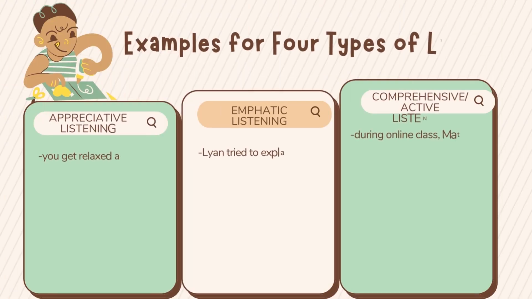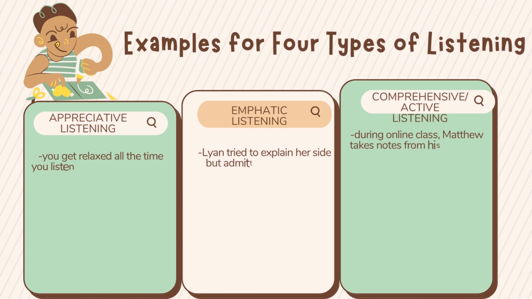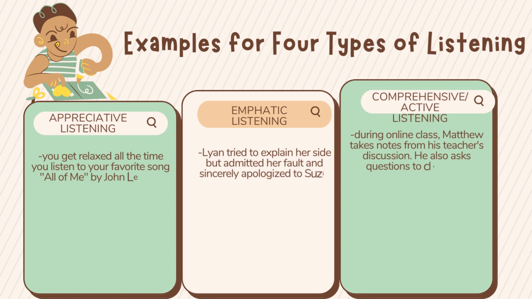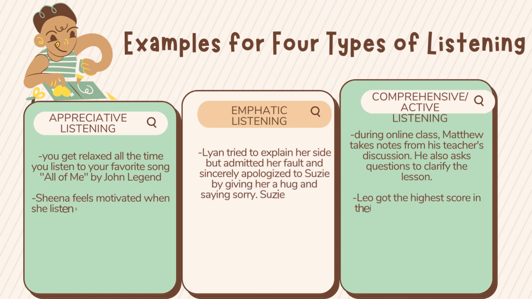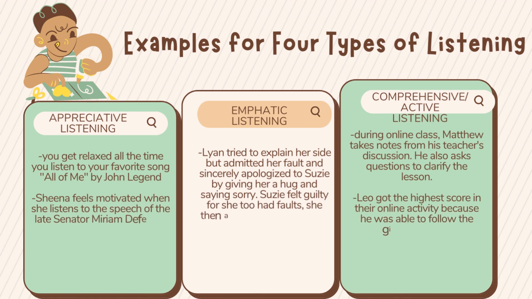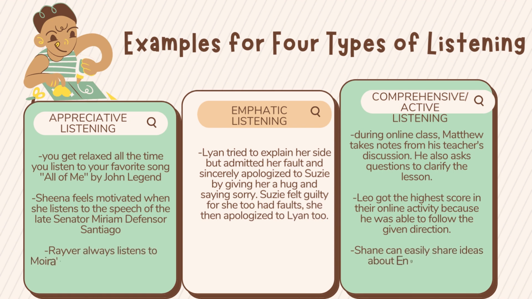Now, for the examples, for the appreciative listening, for example, you get relaxed all the time that you listen to your favorite song, All of Me by John Legend. Also, Sheena feels motivated when she listens to the speech of the late Senator Miriam Defensor Santiago.